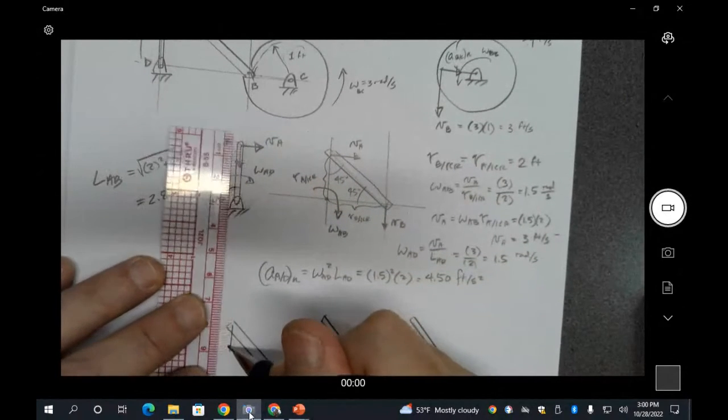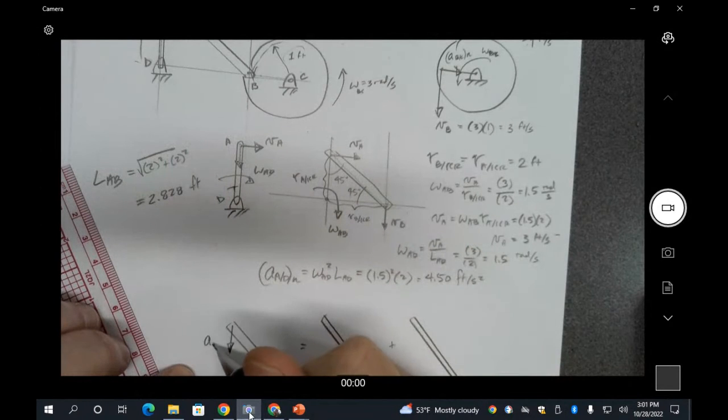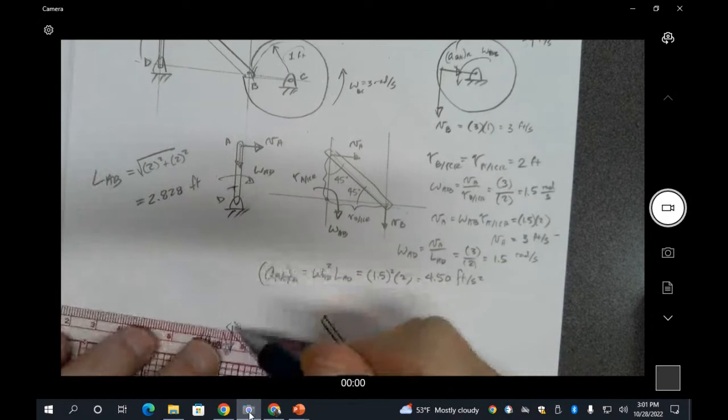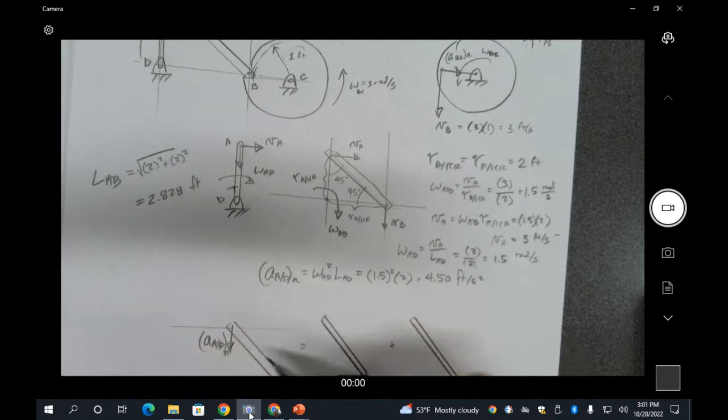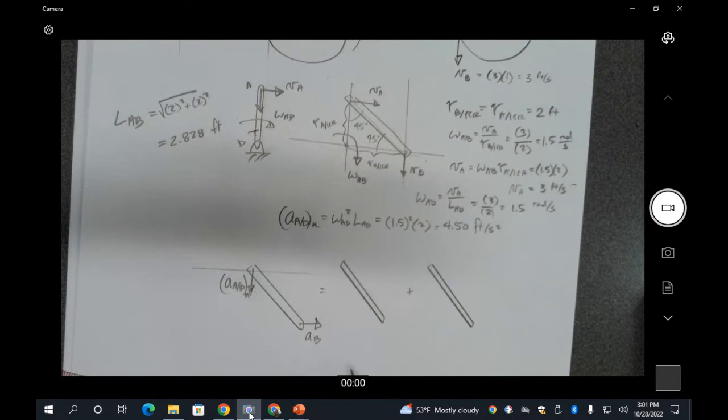And we do know this acceleration right here. We have that value. We call it acceleration of A with respect to D, normal. So we're really trying to find this last portion of it right here.